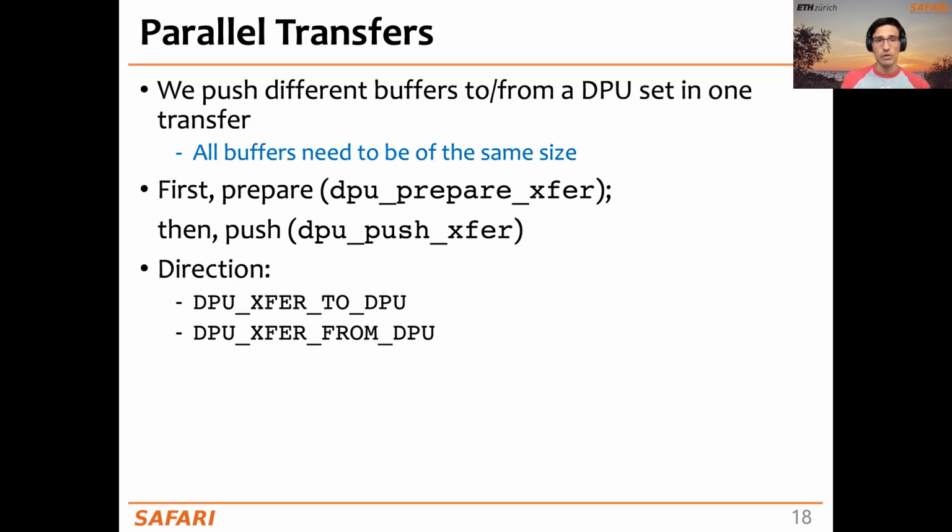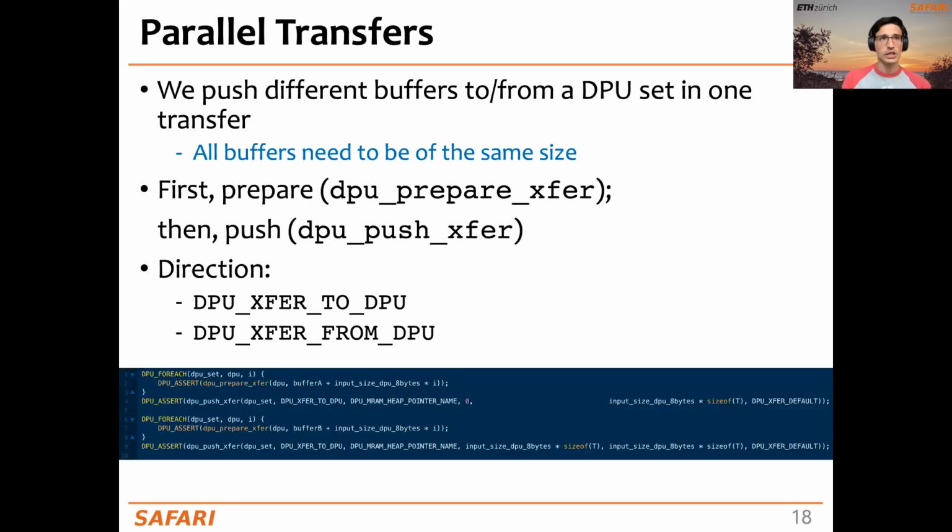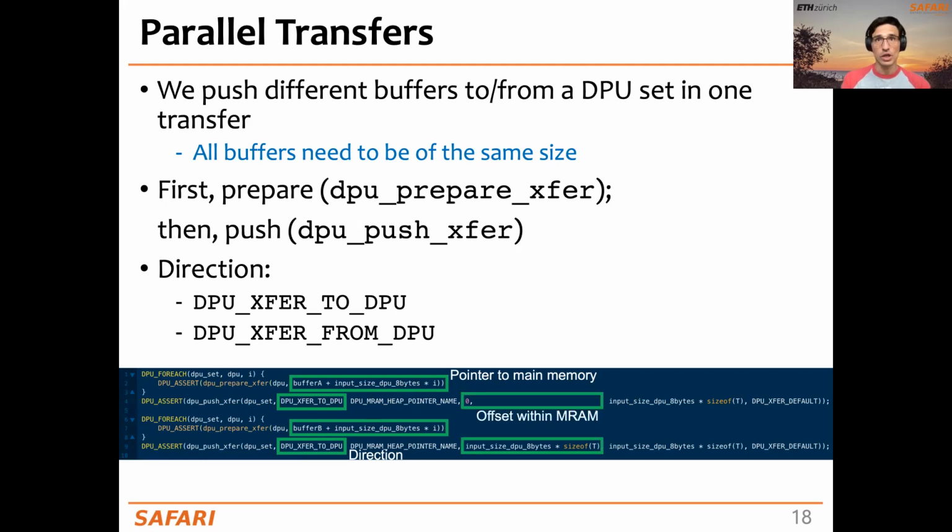When preparing the transfers, we have to indicate as well if we want the transfer to the DPUs or from the DPUs. This is how we first prepare the transfer here, indicating the pointer to main memory. Then in the push library call, we indicate the direction, in this case to the DPUs, the offset within MRAM, and the transfer size.